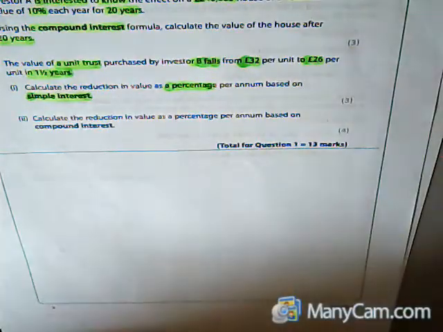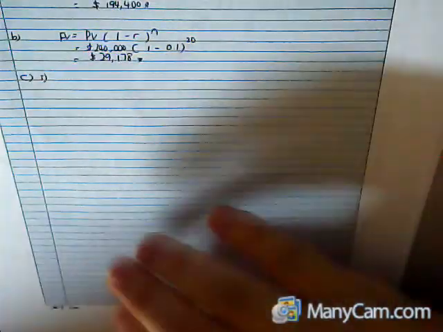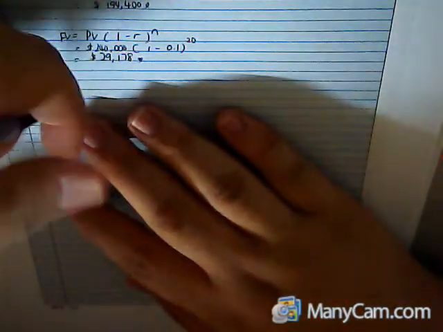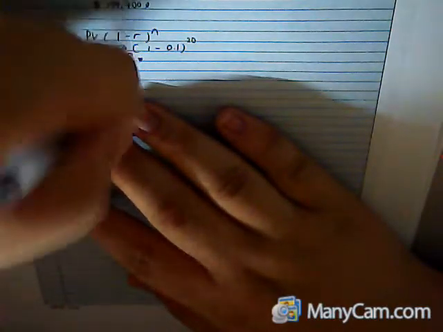C1. The question says you want to get the simple interest for the decrease. Can I know what's the loss we are making? Loss means we use the purchase price minus our selling price.